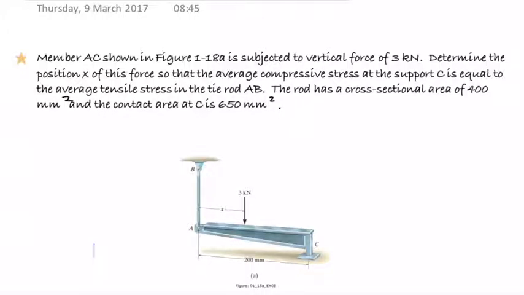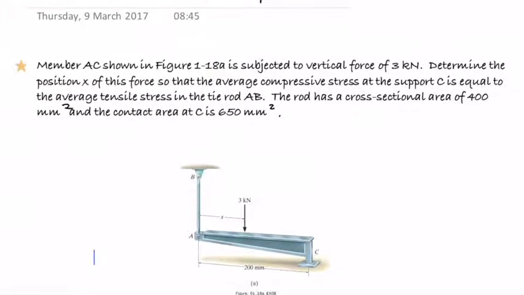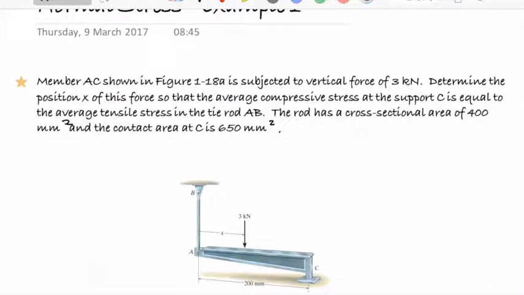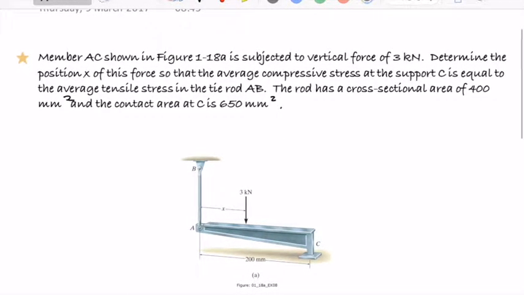Now the condition has been set that we need to find the x for which the average compressive stress at support C is equal to the average tensile stress in the tie rod AB.